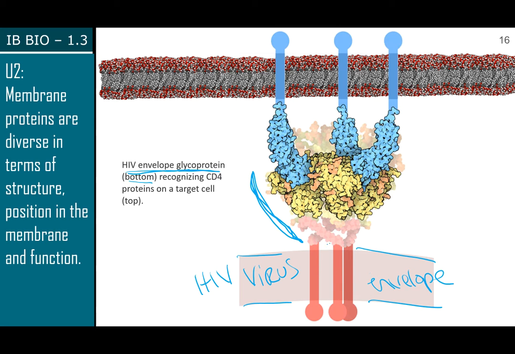And this is a transmembrane protein right here. And then this is the actual glycoprotein, the yellow and the orange. And then you've got the CD4 proteins. This is a human cell.